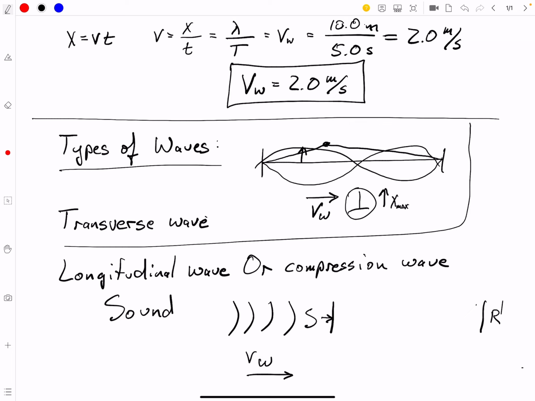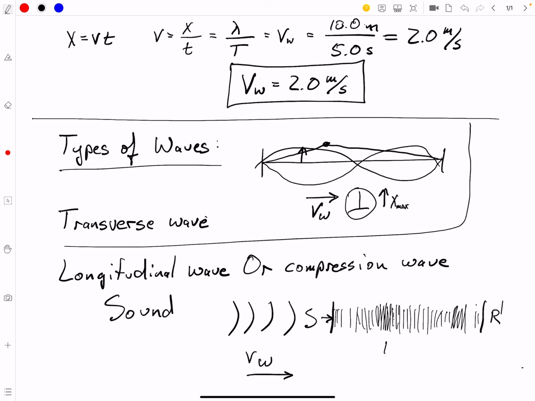And in between, we have sections where it's more condensed and less condensed. More condensed and less condensed. So it gradually gets more and more, and then gradually gets weaker and weaker, and then gradually gets more and more.